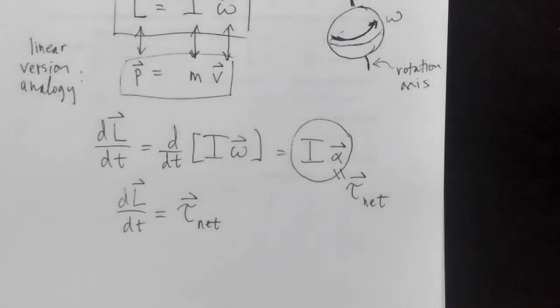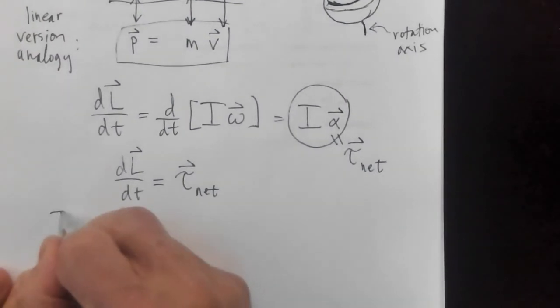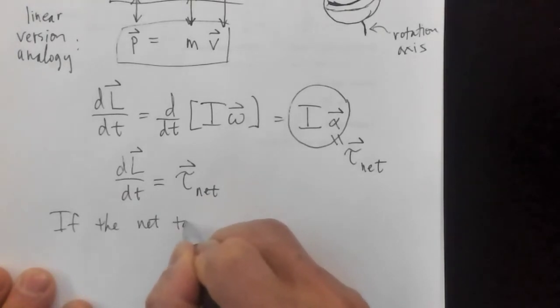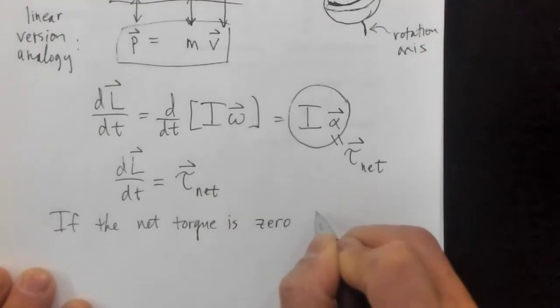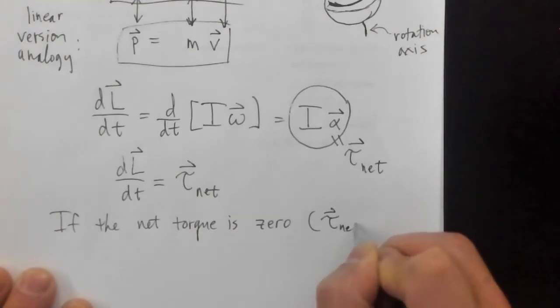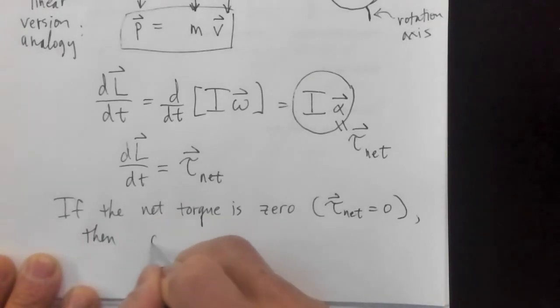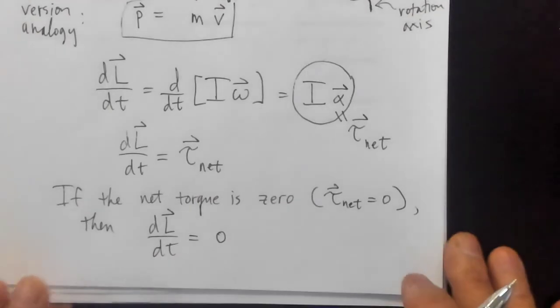Is everybody following me so far? Now, if the net torque is 0, in other words, tau net is equal to 0, then the time derivative of the angular momentum is 0.